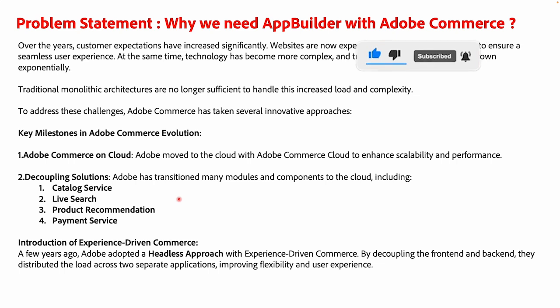If I consider the key milestones of Adobe Commerce, it first moved to Adobe Commerce Cloud. Then multiple solutions were decoupled, like catalog service, live search, product recommendation, payment service. A few years back, Adobe Commerce introduced the experience-driven commerce or headless approach.